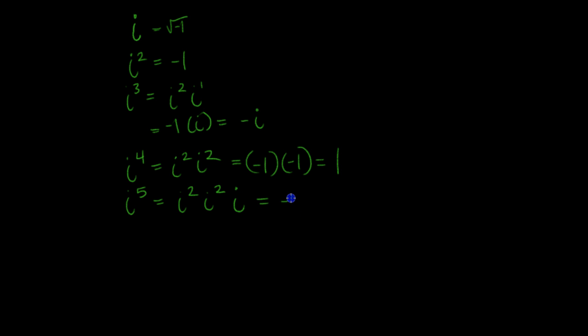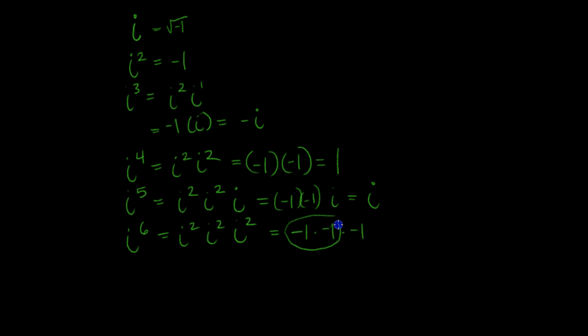That's equivalent to negative 1 times negative 1 times i, so that's positive i. i to the sixth, well, that's i squared, i squared, i squared, and that's equivalent to negative 1 times negative 1 times negative 1. These make positive, and this gives me just negative 1.